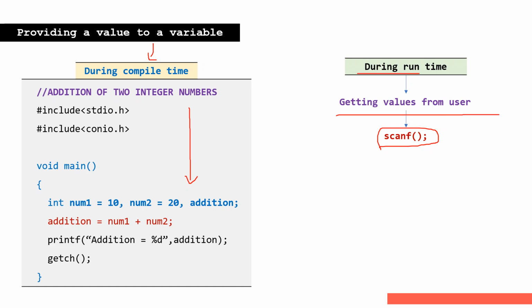This is called runtime definition of a variable, because the value is provided to the variable during the runtime of the program. That's why it is called runtime assignment or runtime definition, which is used with the scanf function.